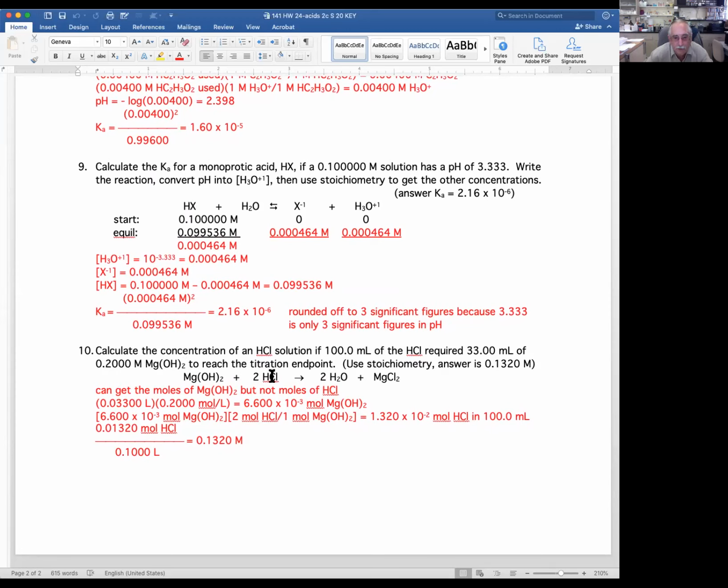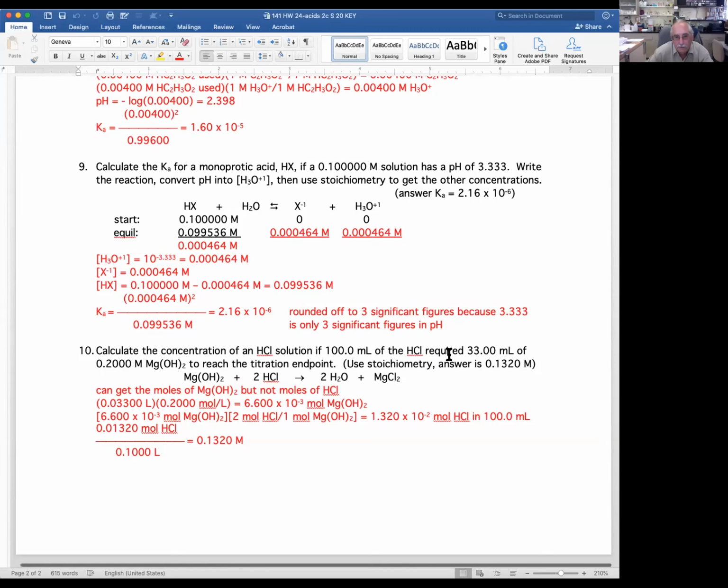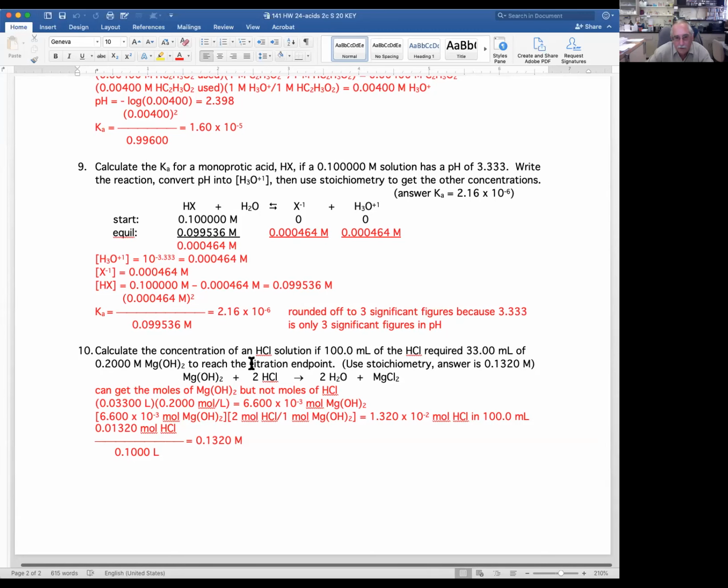So here's the chemical reaction that we would need. So I have enough information to get the moles of the base. I got the volume and the concentration. I don't have the concentration for the acid. So I have to start the problem with getting the moles of the base. So here I did that.